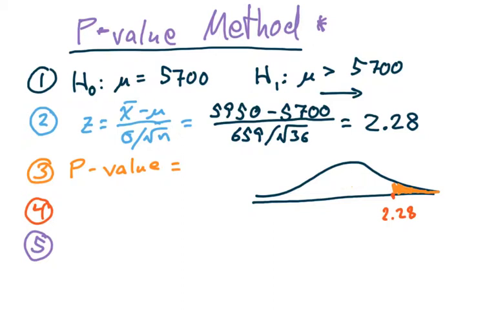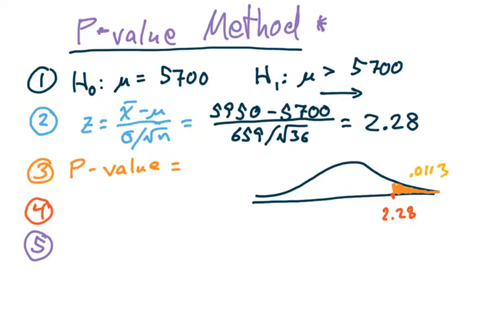Or, you know me, I'm going to do my sneaky trick of just plugging in negative 2.28 into our Z table, our normal table. So negative 2.2, and then we'll slide over to the 08 column. That gives us 0.0113. So that is that area right there.